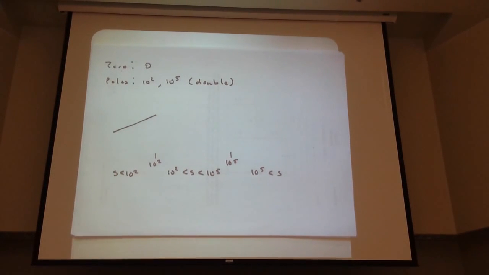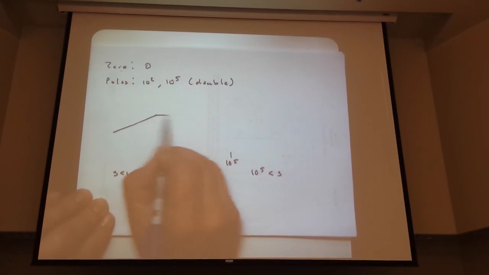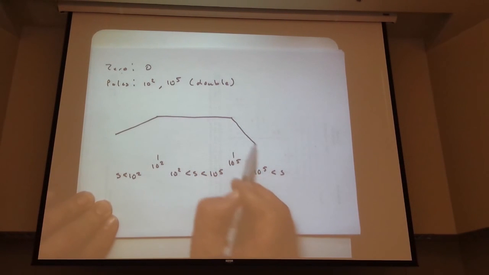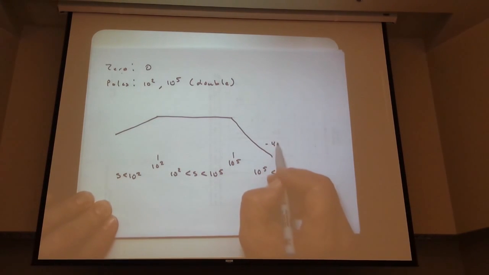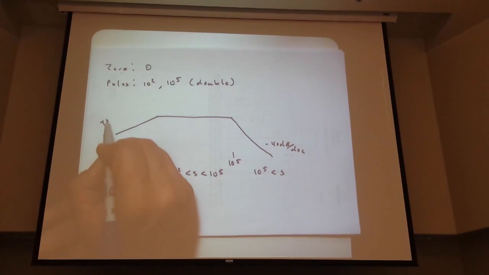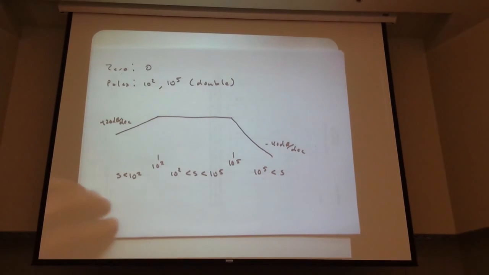Plus 20. What does my slope become as I cross 10 to the 2? 0. And my slope now becomes minus 40. Minus 40 dB per decade, plus 20 dB per decade, or if you prefer, you can just use roll-off.